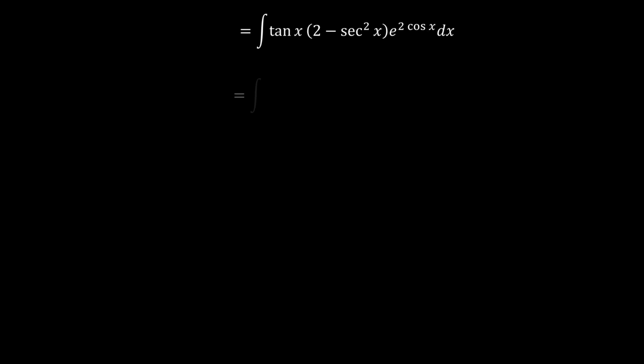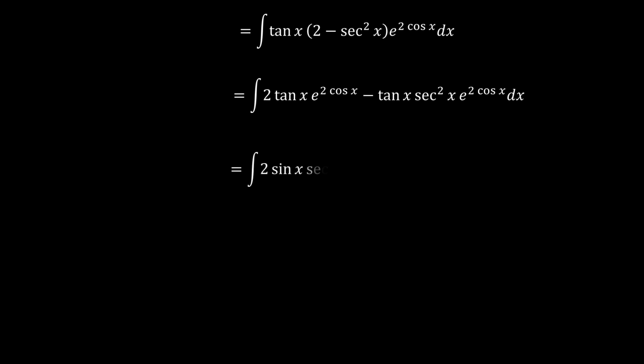Continuing further, when we multiply tangent x across, we have now 2 tan x times e to the power 2 cosine x minus tan x times sec squared x times e to the power 2 cosine x. Now what we can see here, tangent x can also be expressed as sine x times 1 over cosine x, or sec x.